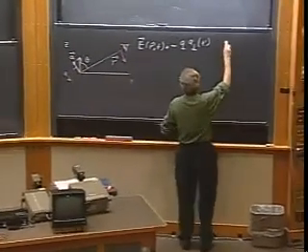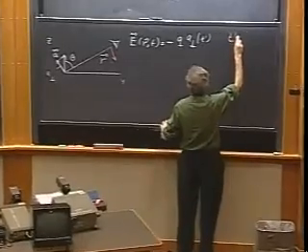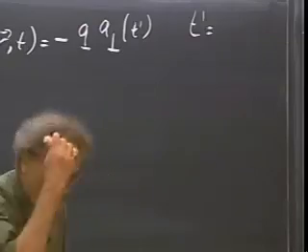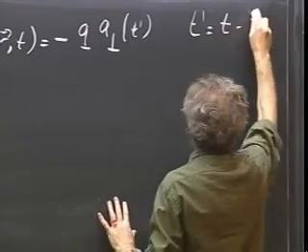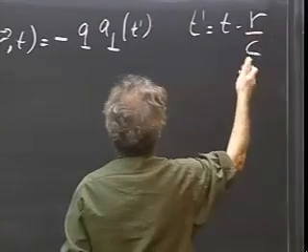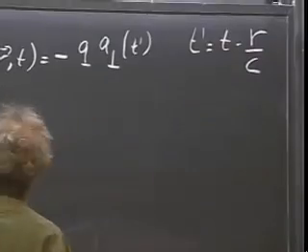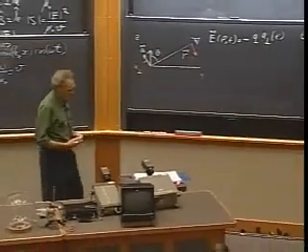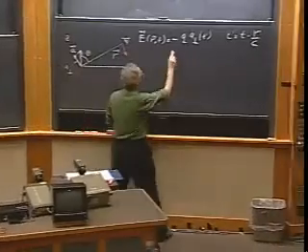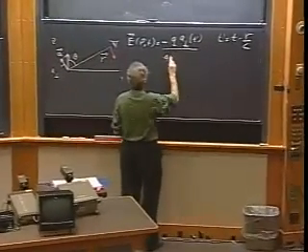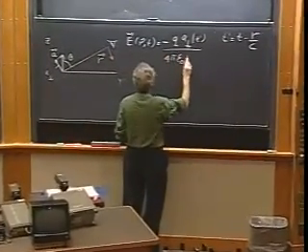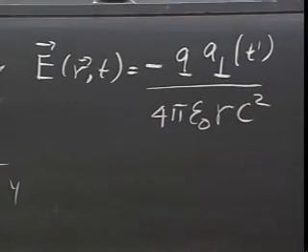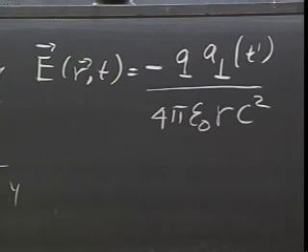In other words, t prime equals t minus r/c. This is the time that it takes for the signal to reach me, and so t prime is earlier than t. And then we have this divided by 4 pi epsilon 0 r, and I believe there is here a c squared. Yes, there is, and this is in volts per meter.